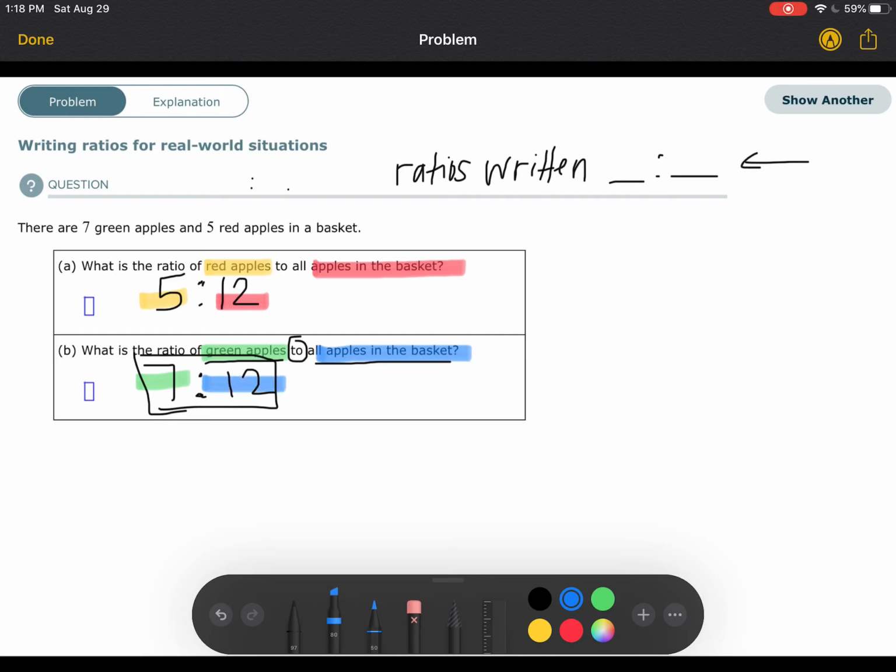If you put the answer, so let's just say you say, okay, well, I know there's 12 and then there's 7, this is not in the same order as this, and these two things are not the same. It's not in the same order that it's asking you in, and it'll mark that question wrong. Okay, so make sure that you're putting it in the same order as it tells you in the actual question.